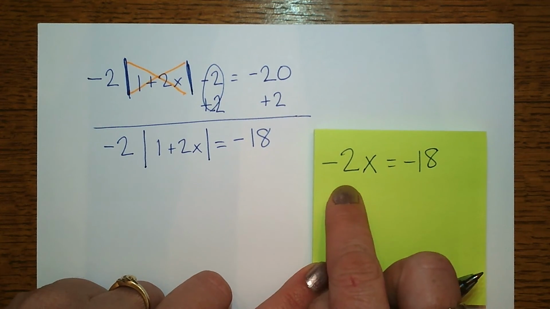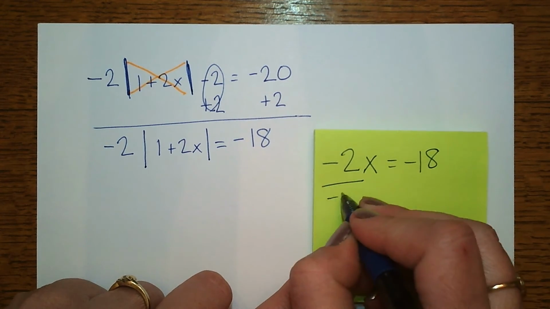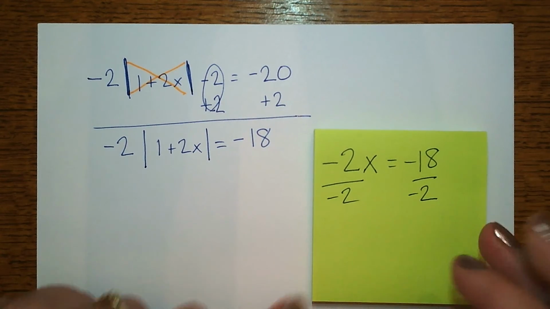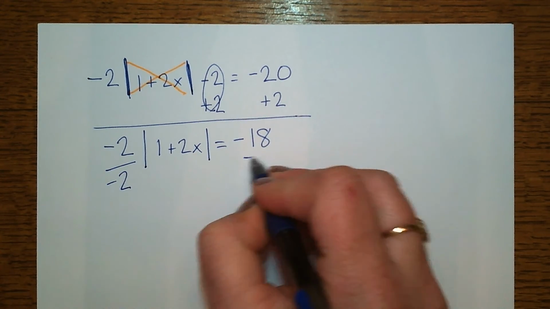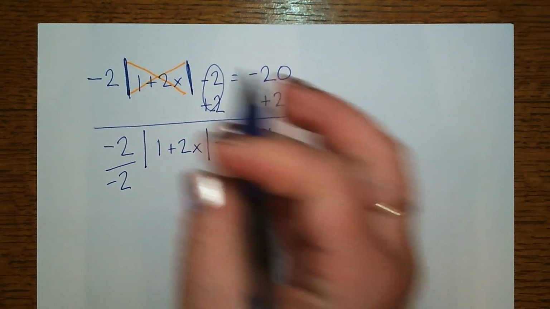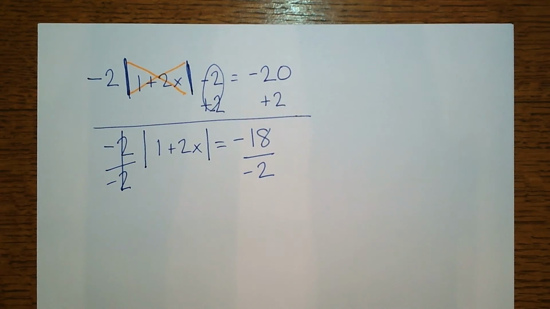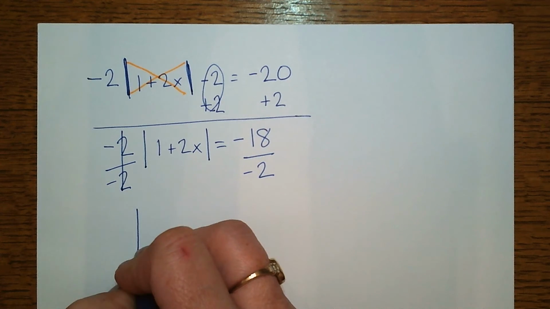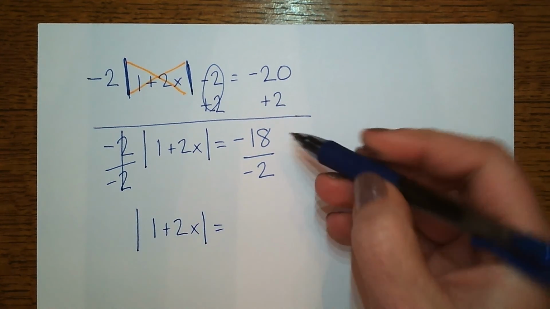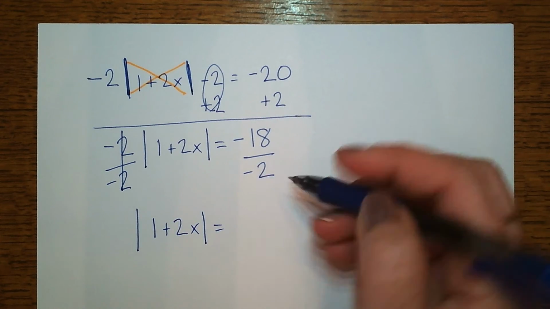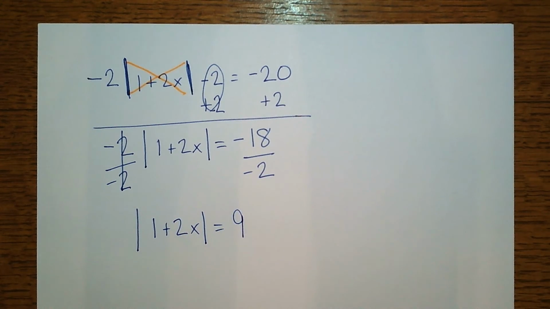How would I get rid of that negative 2? I would divide by negative 2, wouldn't I? So that's the same thing I'm going to do to get rid of the negative 2 here. Cancel that negative 2 out by dividing by negative 2. That leaves me absolute value of 1 plus 2x equals negative 18 divided by negative 2, which is 9.